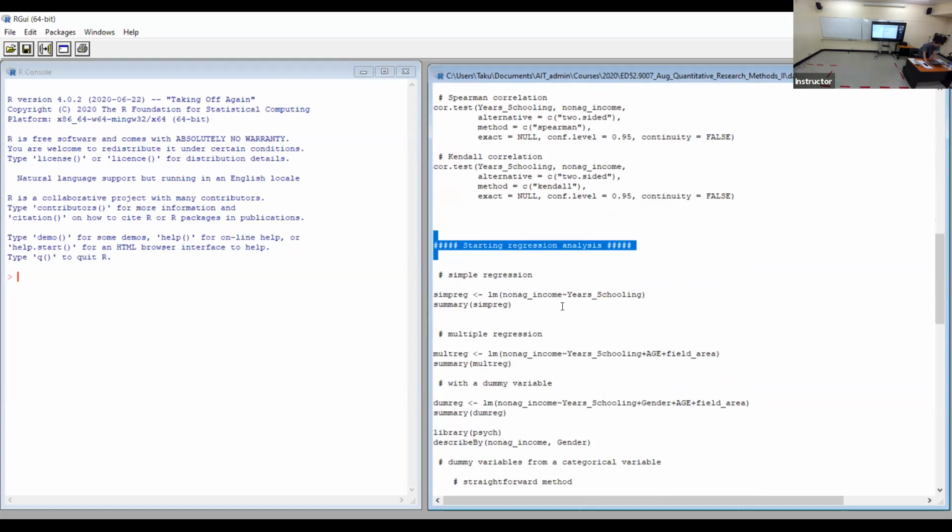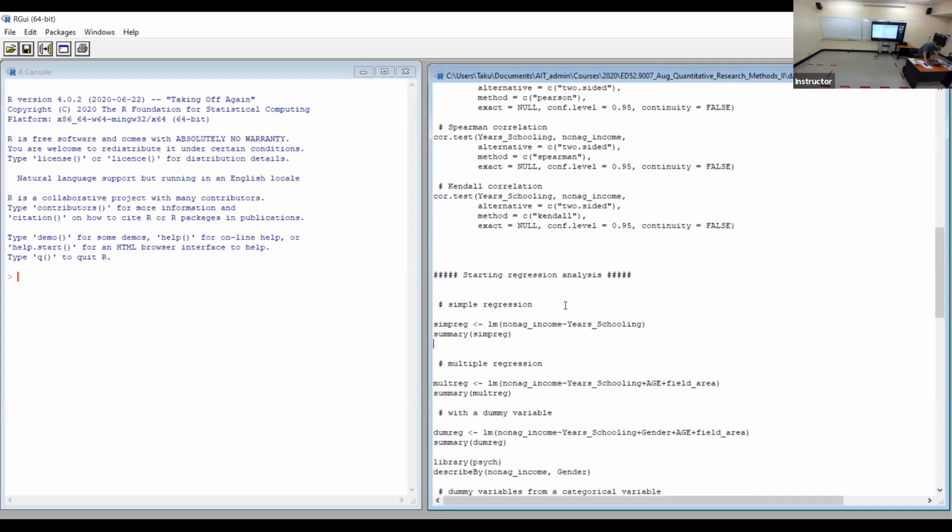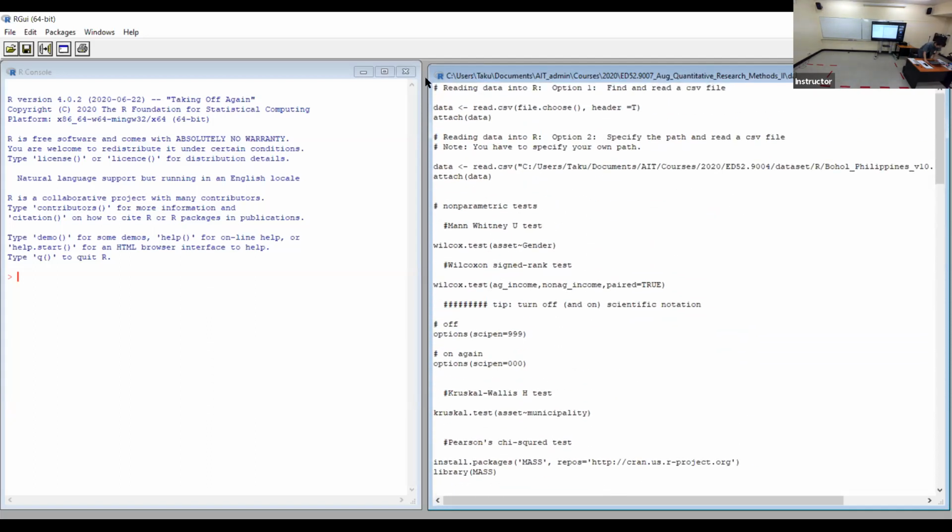The first one is simple regression, meaning there's one independent variable, in this case, years of schooling. Oh, well, let's read the data, unless you already opened it.